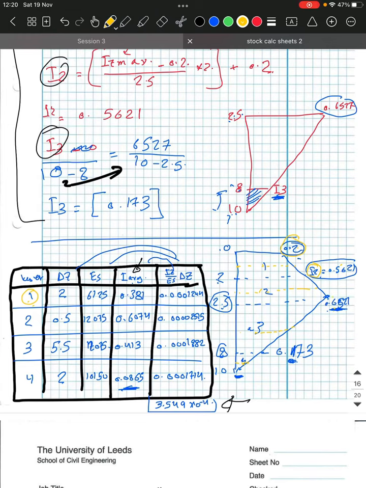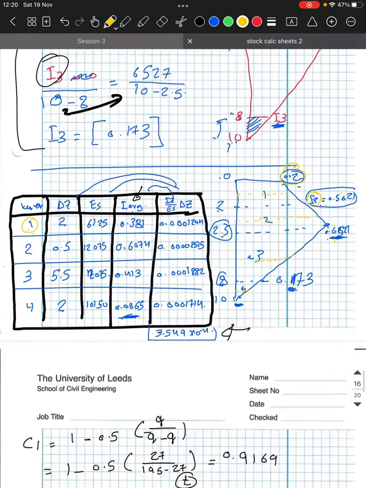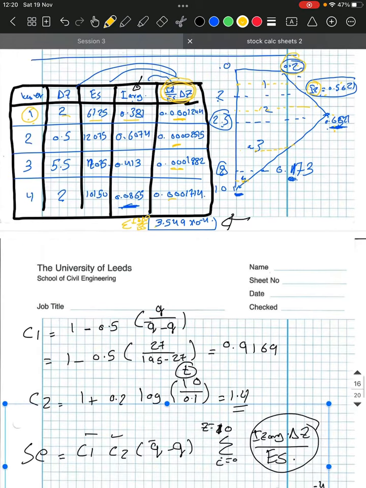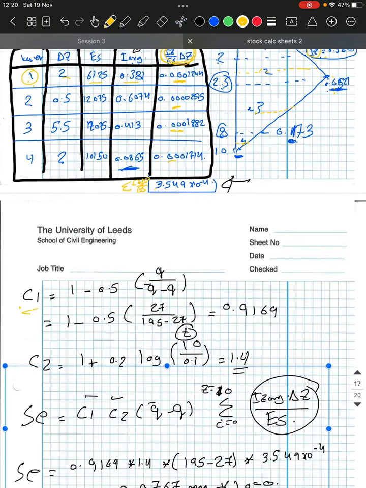I'll do that for the second value, which is IZ max plus I2 over 2. It's the same thing for the rest. After that, I multiply all of these numbers or divide them through this formula. You get a very small number. You add all of these small numbers together, and you get the sum of IZ delta Z over ES that you have in your formula.